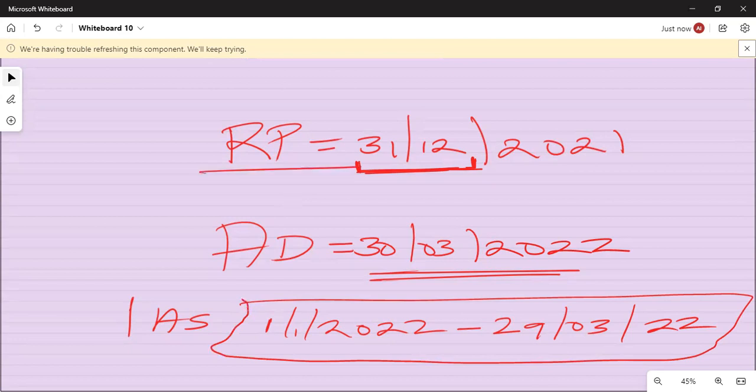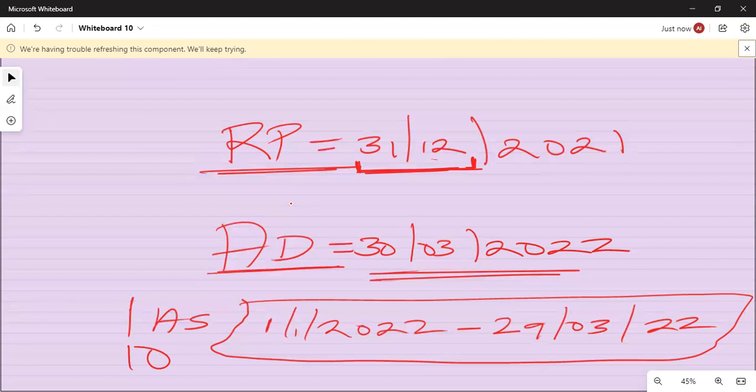This is my reporting period; I'm reporting on 31st of December, and my financial statements are made available to the public on 30th of March 2022. So IAS 10 deals with events after this date. What are the events that occur before the financial statements are authorized and sent to the public? That is what IAS 10 is talking about: events after the reporting period.